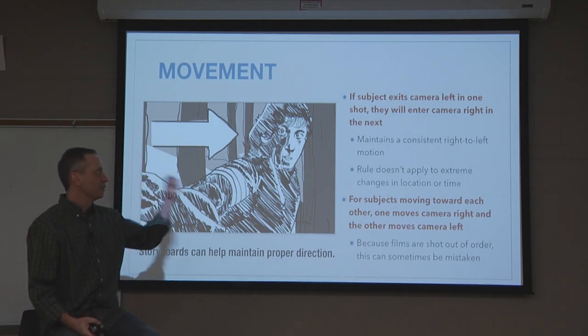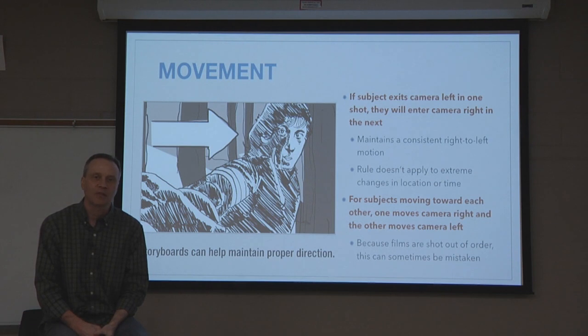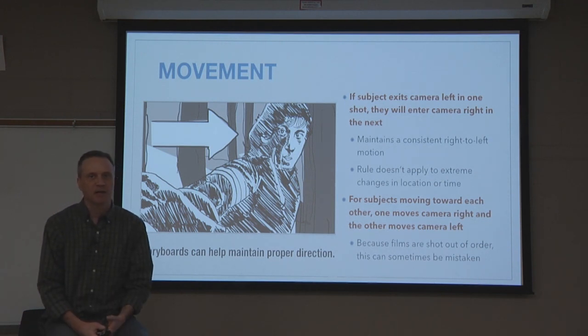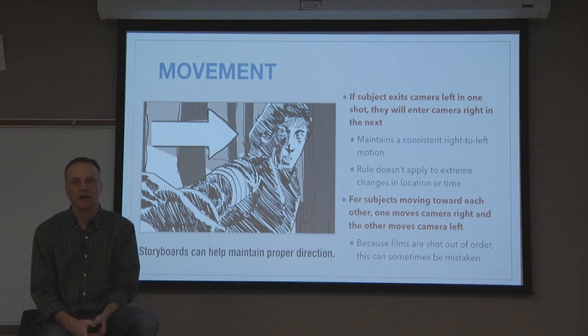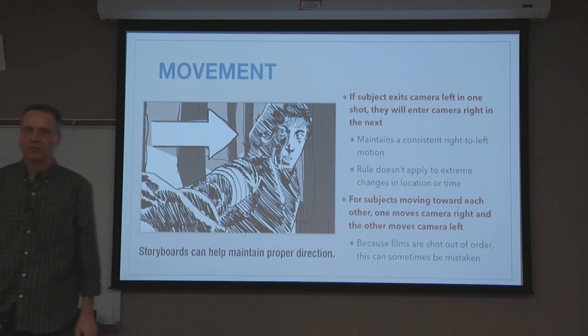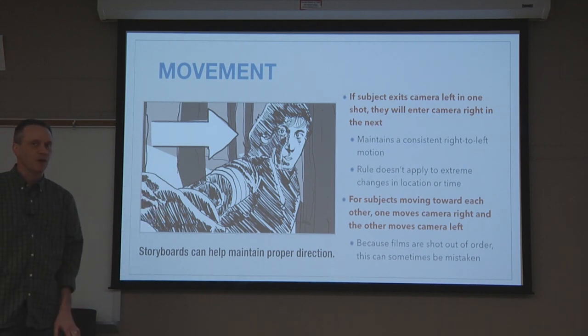Okay, let's go back to me earlier at the whiteboard and then coming in to enter frame here. You might have noticed whenever I walked off frame, I was walking from my right to left, and I exited frame that way.